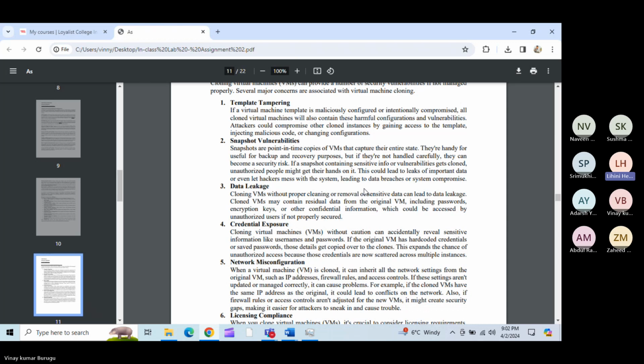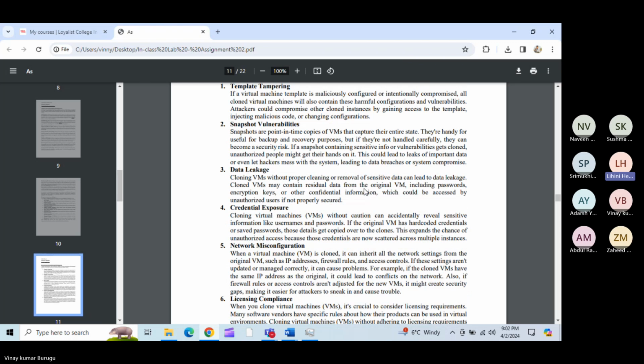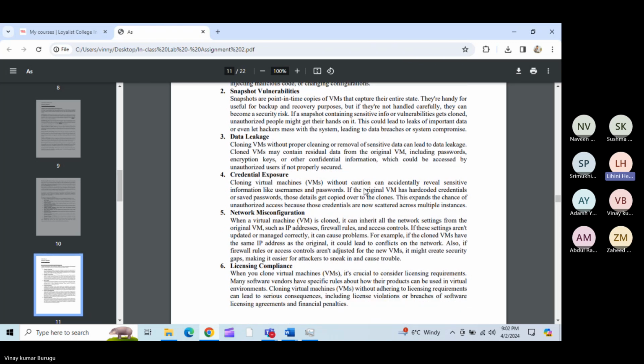And the other one is data leakage. Cloning VMs without proper data sanitization can lead to data leakage, because cloned instances may contain residual data from the original VM, including passwords or encryption keys, which could be accessed by other parties.